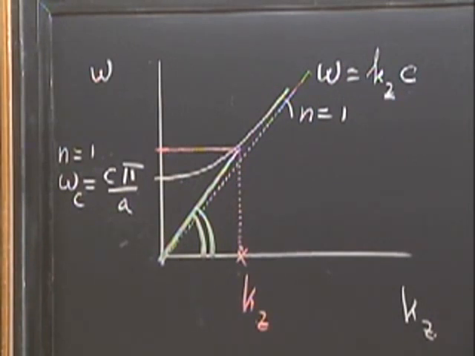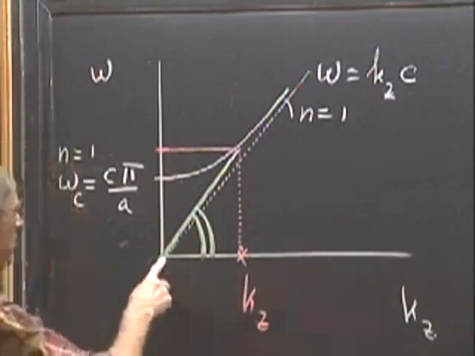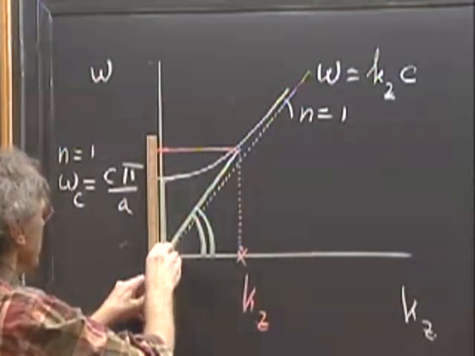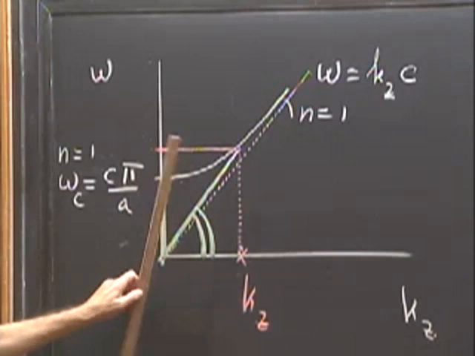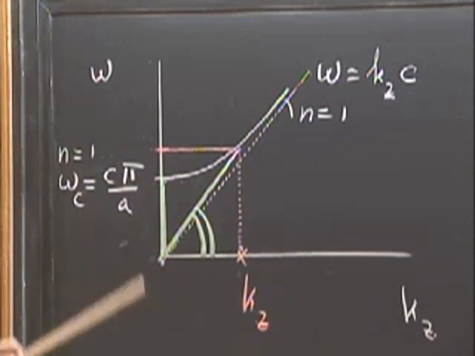Since this slope is steeper, the phase velocity is larger than c. And when you reach the situation that kz becomes 0, then you have omega divided by kz with kz equal to 0. And so when you reach this cutoff frequency, the phase velocity goes to infinity.